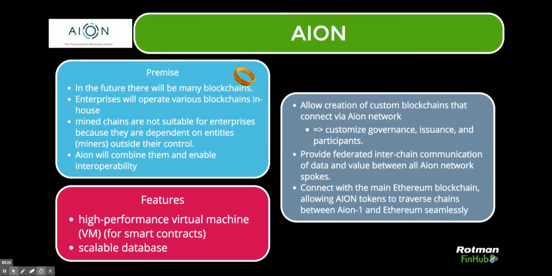There's many reasons why firms may run separate blockchains. And in particular, mined blockchains such as Ethereum may not be adequate and may not be suitable for many of the business applications. And so what the ION Network aims to do is to build a bridge, to set a standard and then build a connection between the various different blockchains.